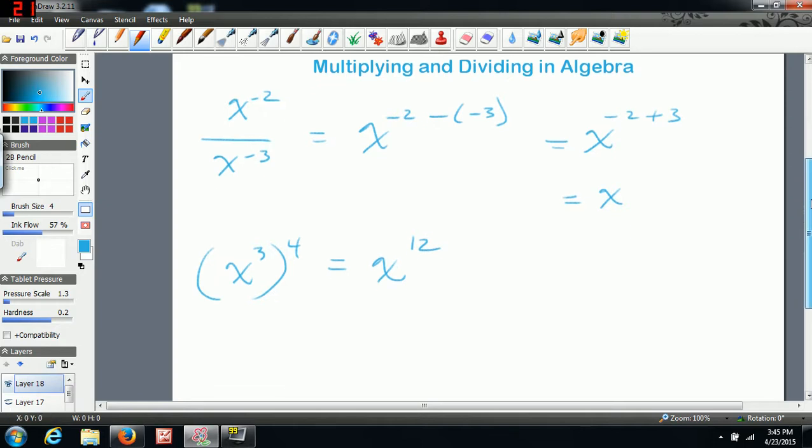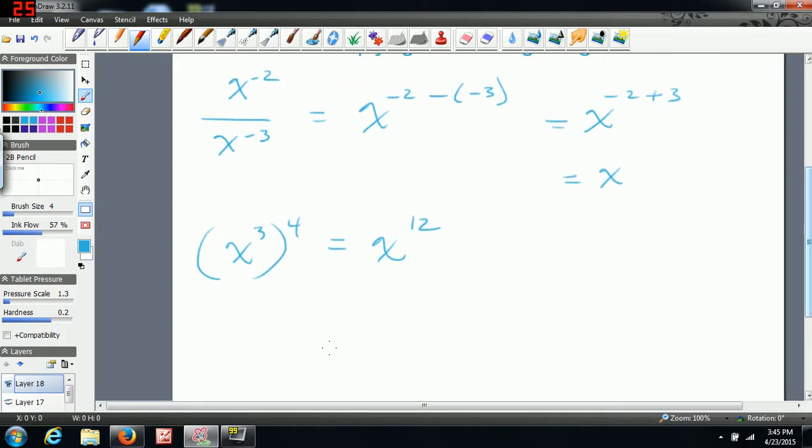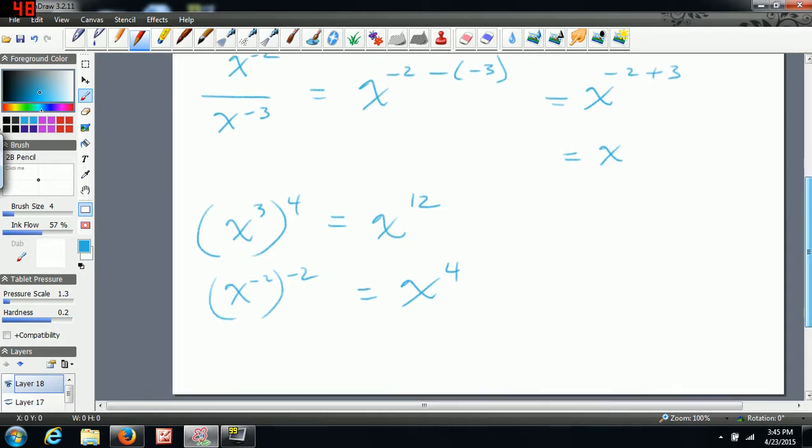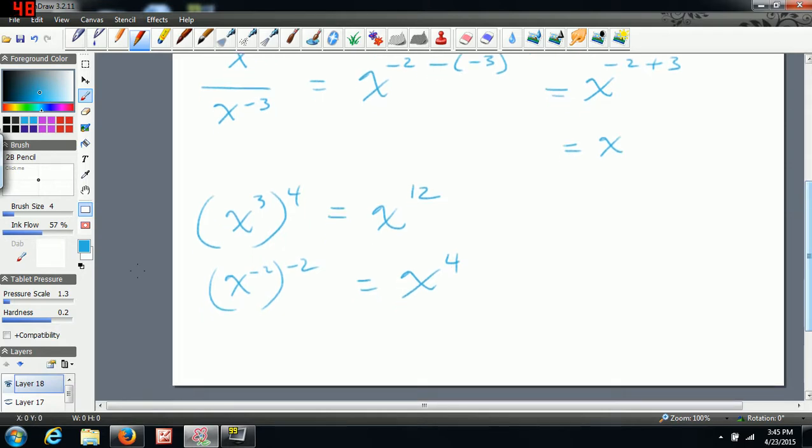Okay, so this is just now applying those rules to actual questions. If we had x to negative 2 times negative 2, we just multiply the exponents, so it becomes positive 4. If I had something like 9 to the 2 all to the power of 3, that would become 9 to the 6.